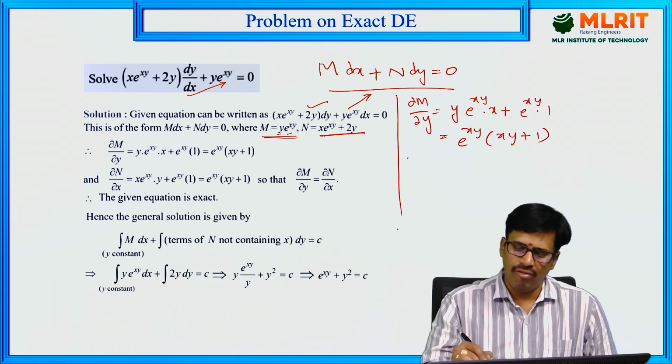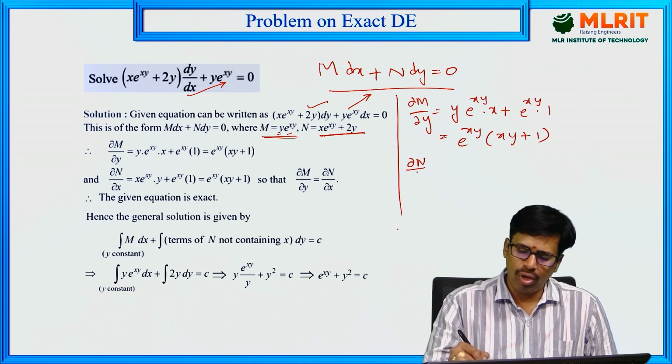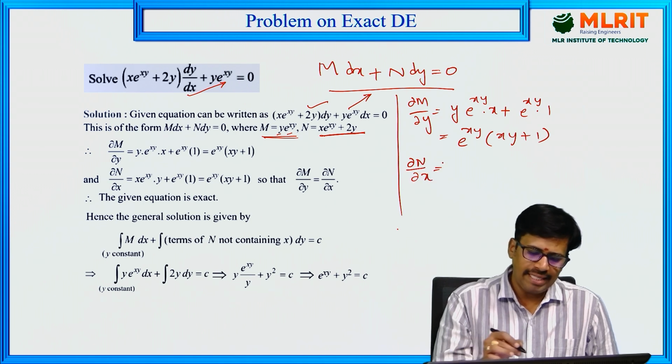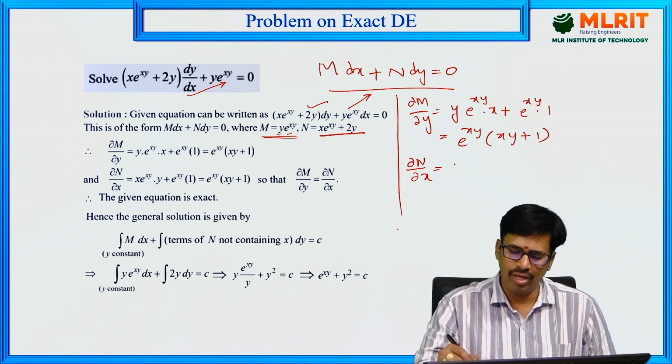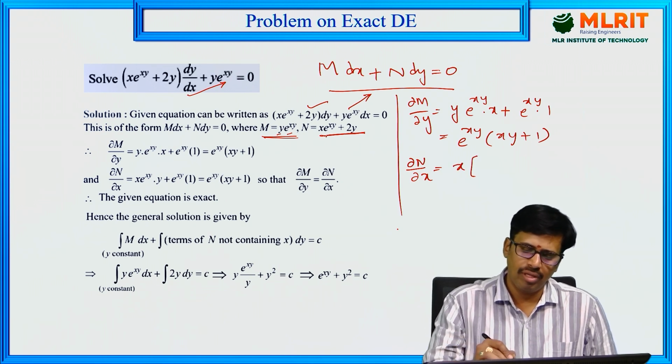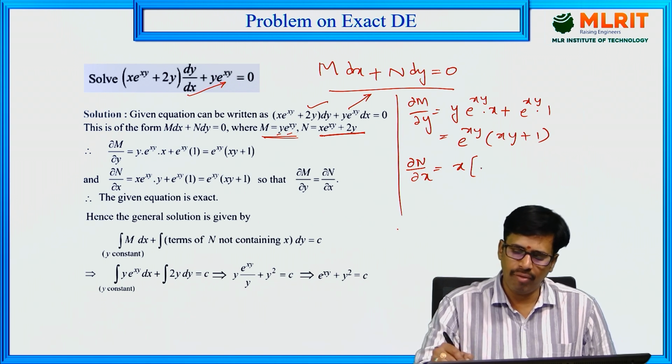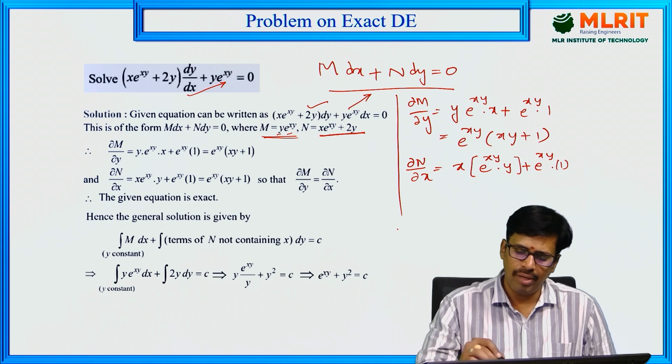Similarly, find dou n by dou x. What is n here? X into e power xy plus 2y. Here also x into uv rule. What is the derivative of e power xy with respect to x? E power xy into y plus e power xy into x derivative, which is 1, plus 2y.